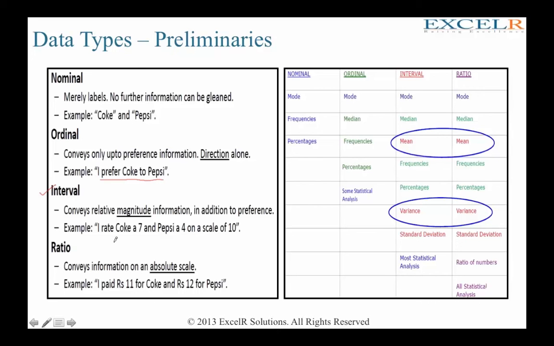Here, if you say you rate Coke a 7 and Pepsi a 4 on a scale of 10, with 10 being most satisfied and 1 being least satisfied, now this is giving some more information.